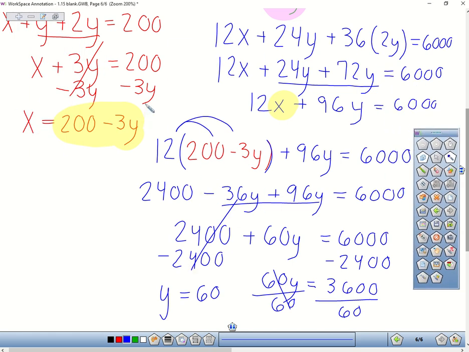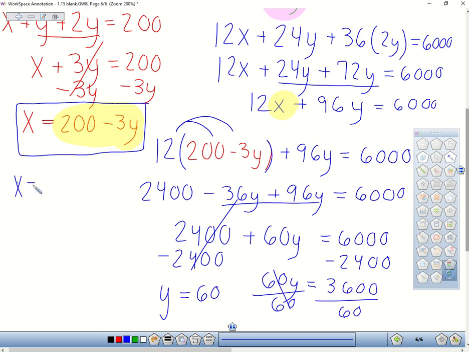So now I'm going to use this equation right here to find the number of t-shirts by plugging in for y. So that's x equals 200 minus 3 times 60. That's x equals 200 minus 180. That means x is equal to 20.